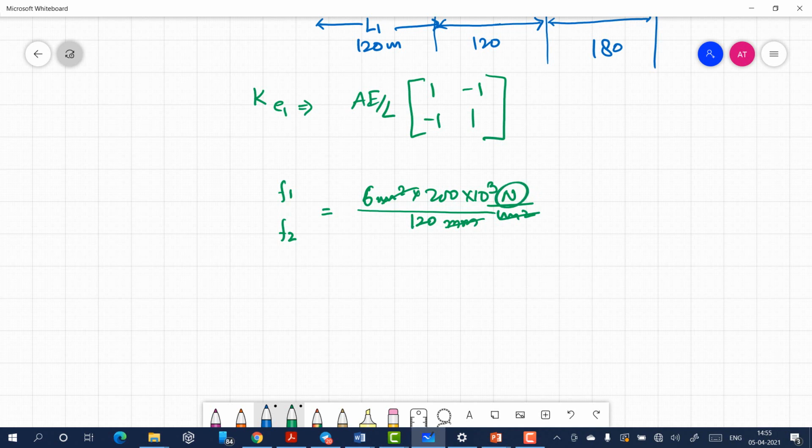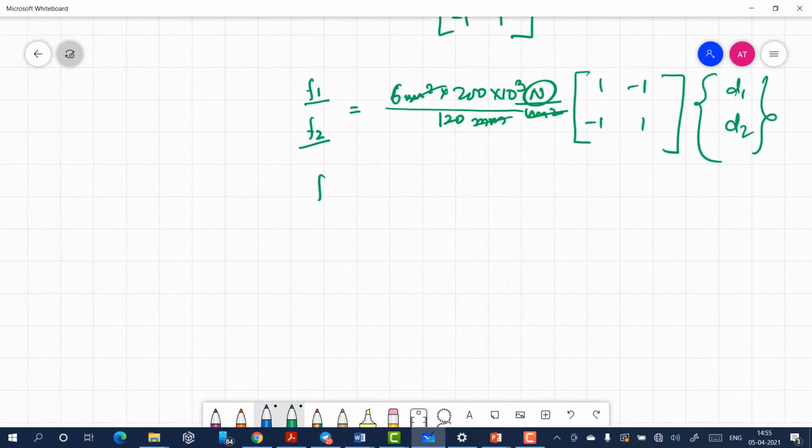So AE by L will be common for both, and then I will have the matrix 1 minus 1, minus 1 1, times D1 and D2. D1 and D2 are unknowns. F1 and F2 we know in part: there will be a reaction force on node number 1, and there is a force on node number 2.